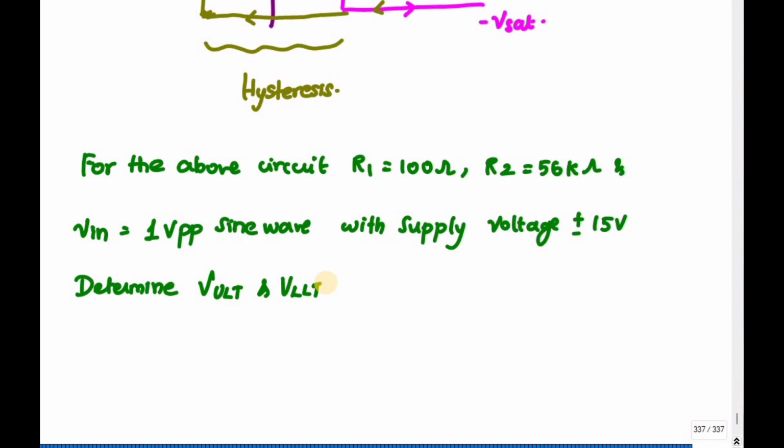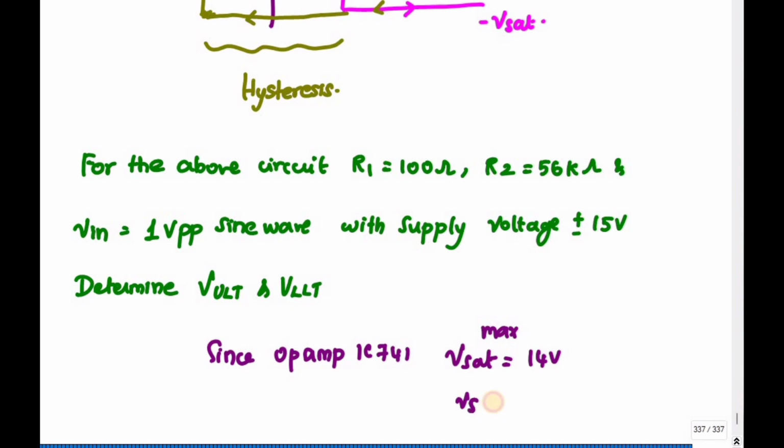Since I'm using op-amp IC741, the Vsat value is 14 volt, the maximum voltage, and minus Vsat is minus 14 volt.